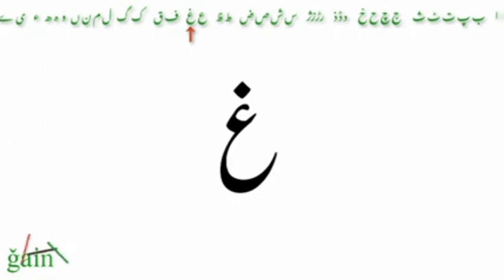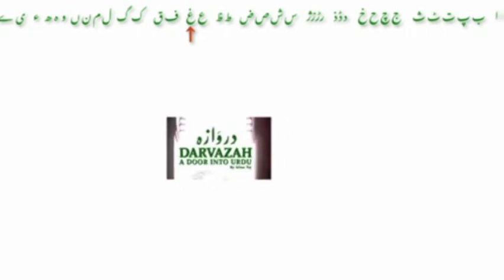So it's going to be rein. I'm not fully convinced that I'm pronouncing it correctly, so I'm going to refer to two different websites. The first one's called Darwaza, which means door. So it's a door into Urdu. And the other one's called Amozish. Both of these are excellent resources, and I'll link to them in the description.